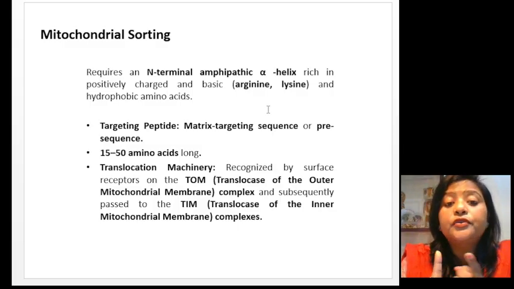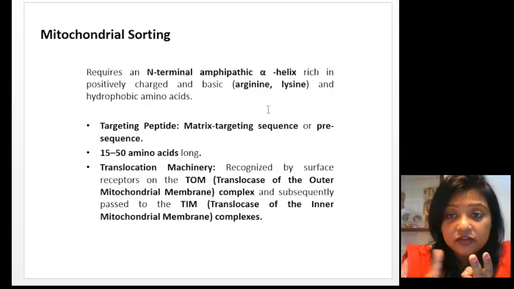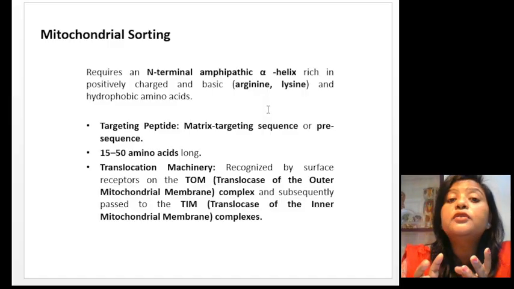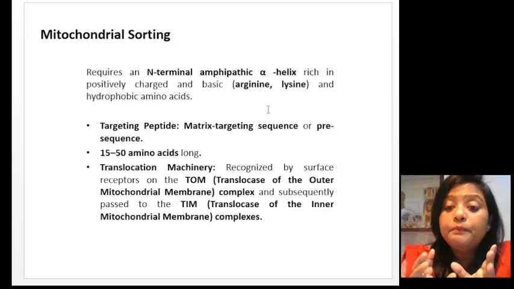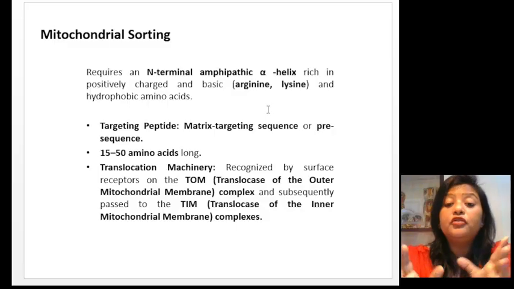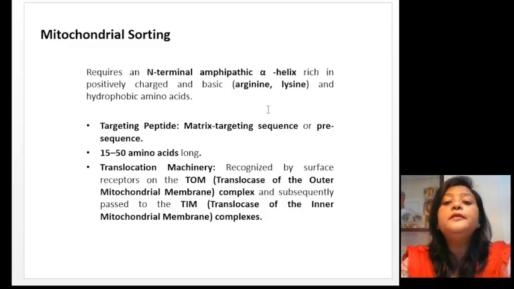So for mitochondrial sorting to occur, it will require an N-terminal amphipathic alpha helix, which is positively charged and has basic amino acids, arginine and lysine. There should be a lot of arginine and lysine.